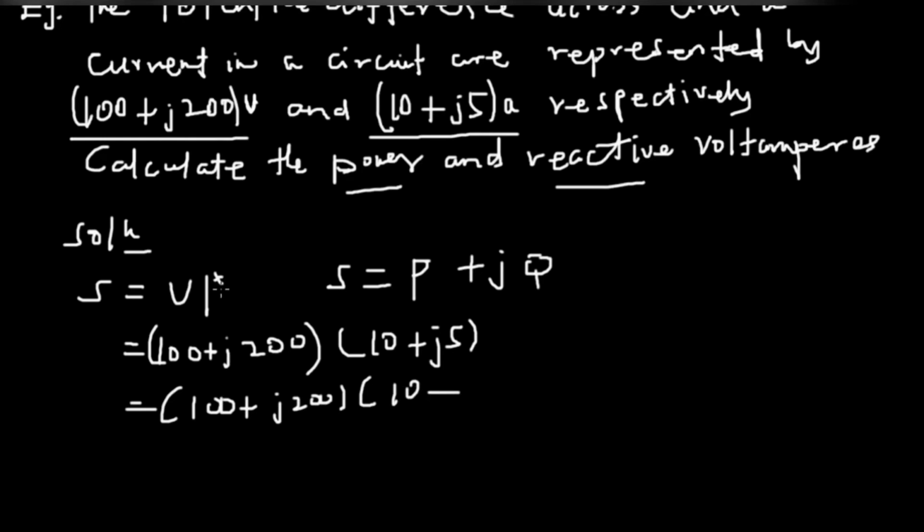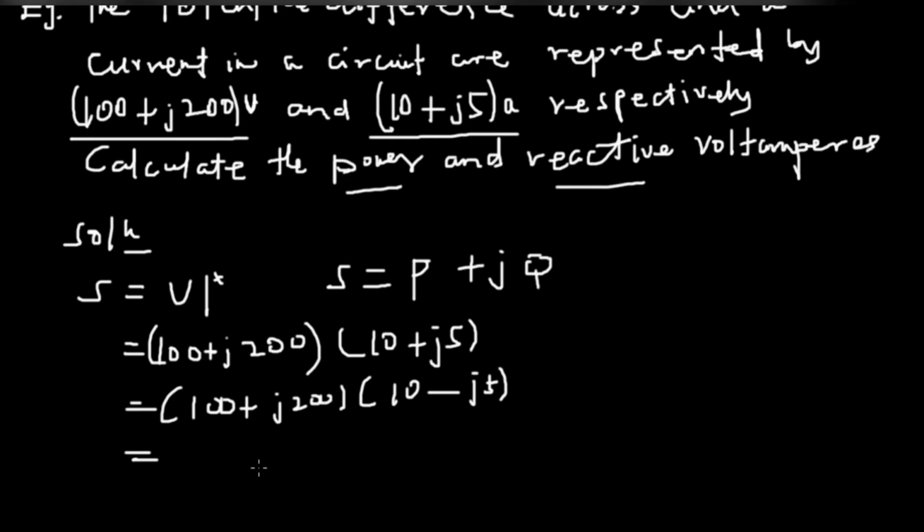You negate it because of the asterisk. Now when you punch this directly, you multiply this with that and do your simple simplification: 100 multiplied by 10, and 100 multiplied by minus 5j, and then j200 multiplying 10, and j200 multiplying minus j5.